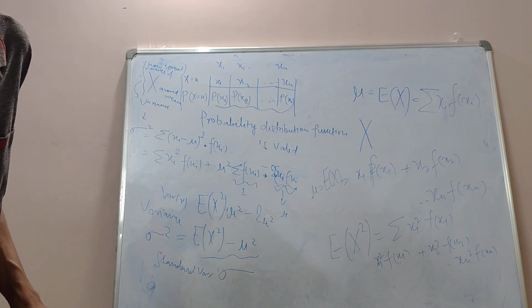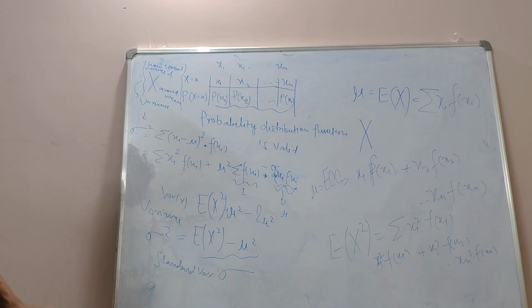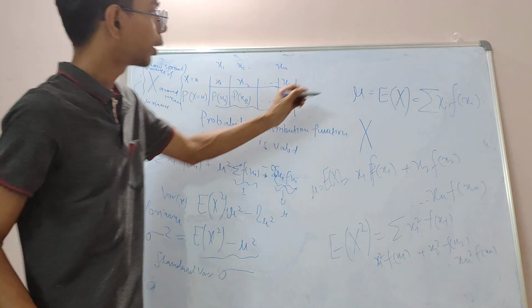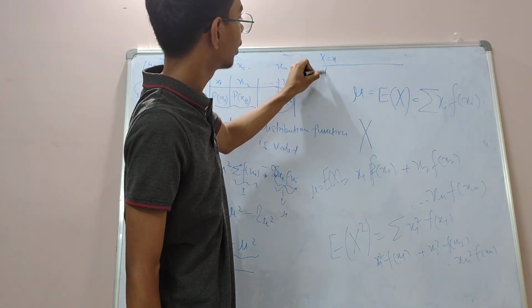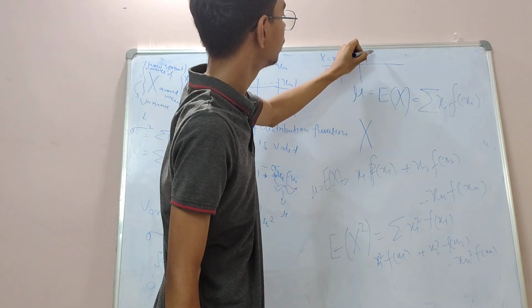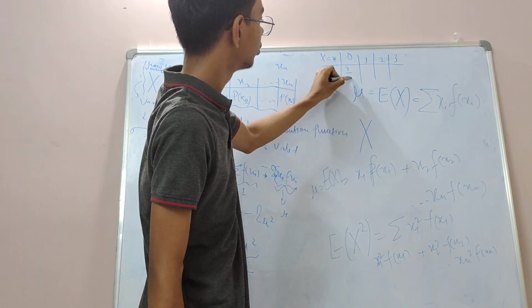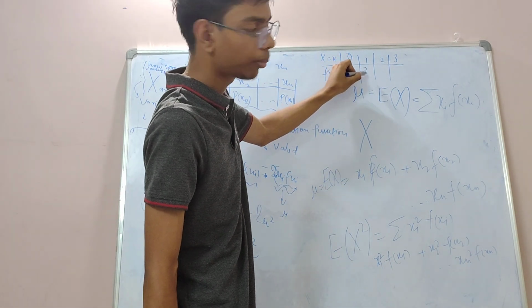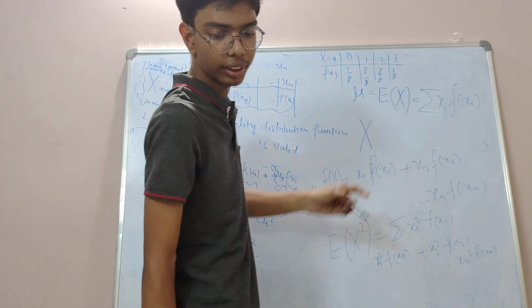Now coming to the next topic, suppose I am given a table like this, with random variable x and f(x), and for x equal to 0, 1, 2, 3, I have f(x) as 1 by 8, 3 by 8, 3 by 8 and 1 by 8, right?